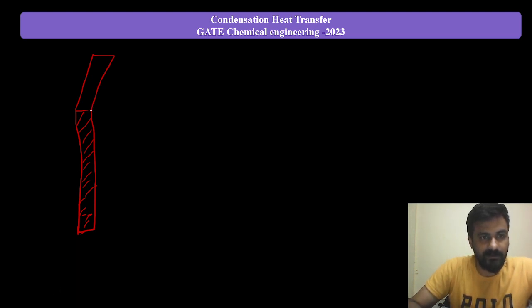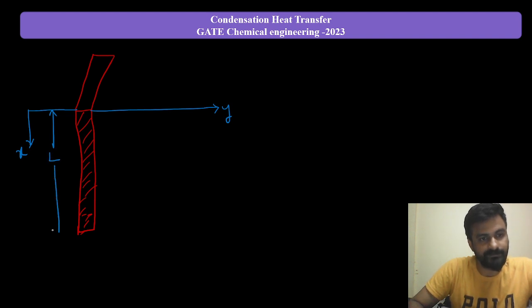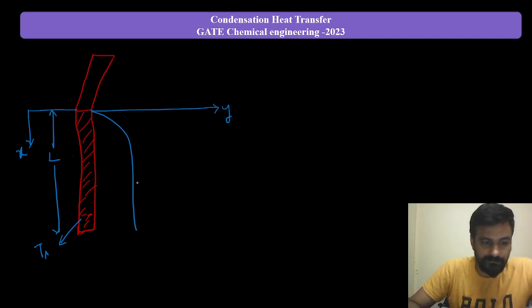I am assuming this is the y direction, and because the length scale is very important for this problem, this is the x direction, right? The length of this plate I am assuming is L. Since the vapor will come in contact, the surface temperature of this plate is Ts, and it will look like that, right?